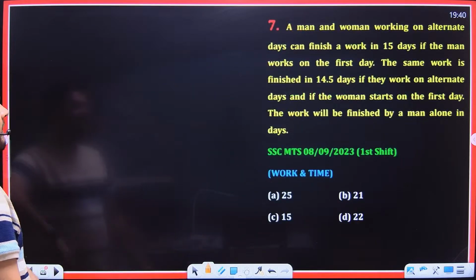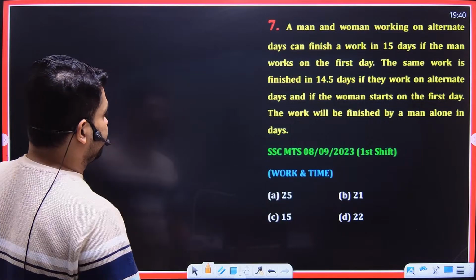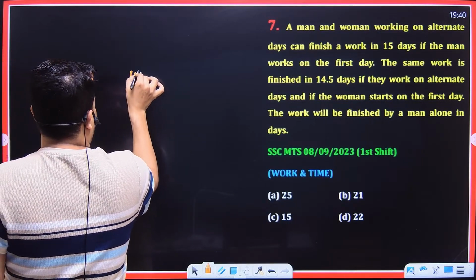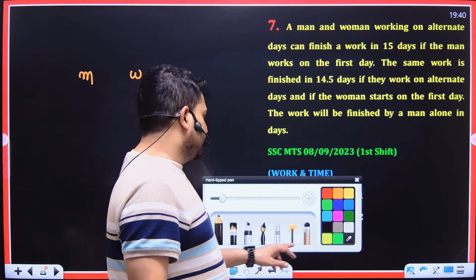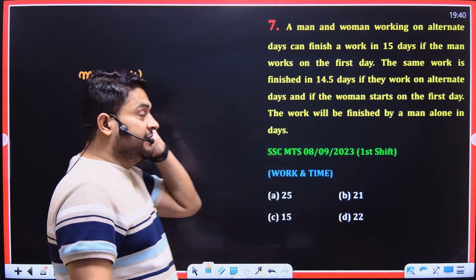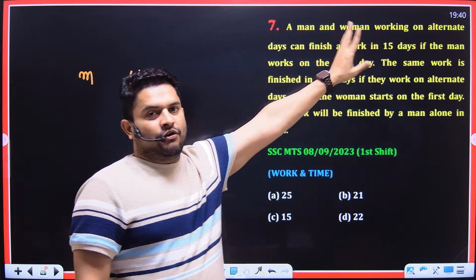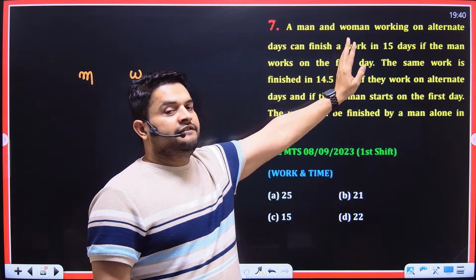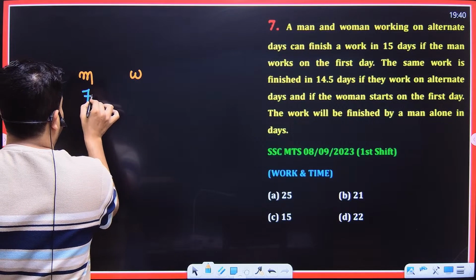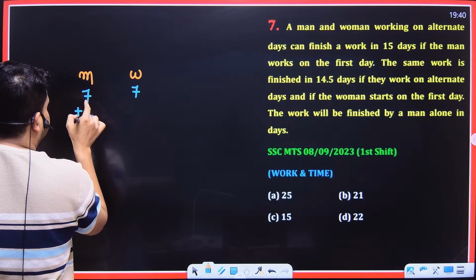A man and a woman working on alternate days can finish a work in 15 days. If the man works on the first day, then 15 is an odd number, and before 15 we have 14. 14 is an even number, so we can say that 7 days man will work and 7 days woman will work, and we have an extra day for the man because he is starting the work.